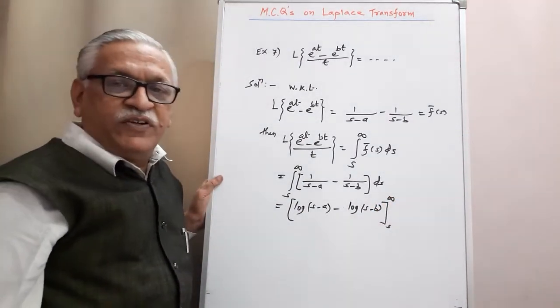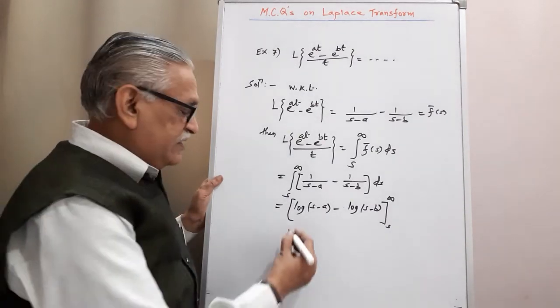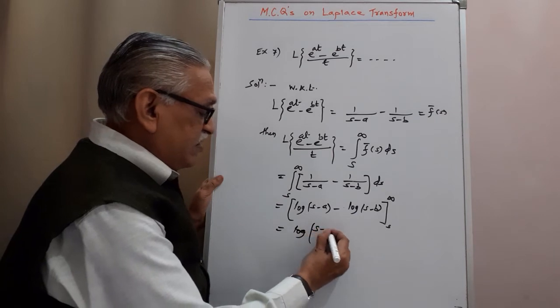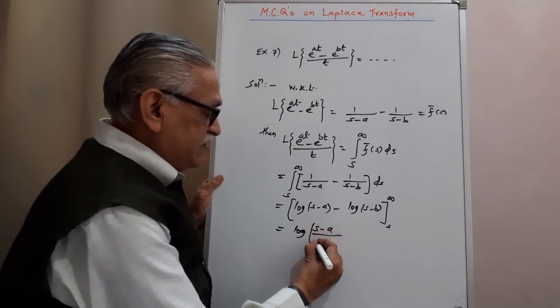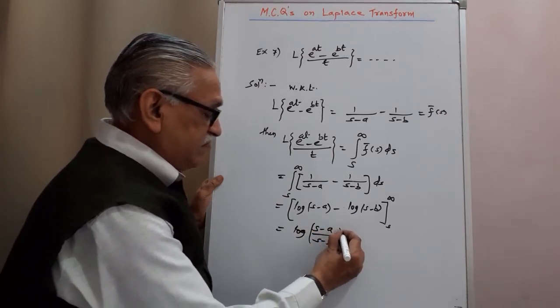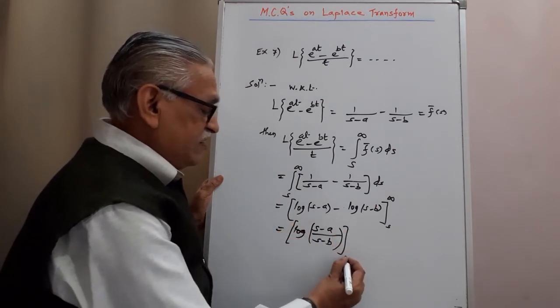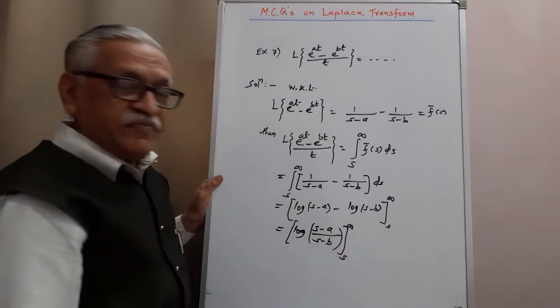Log a minus log b, we know, is log of a by b, and therefore it is log of s minus a divided by s minus b, with limits from s to infinity.